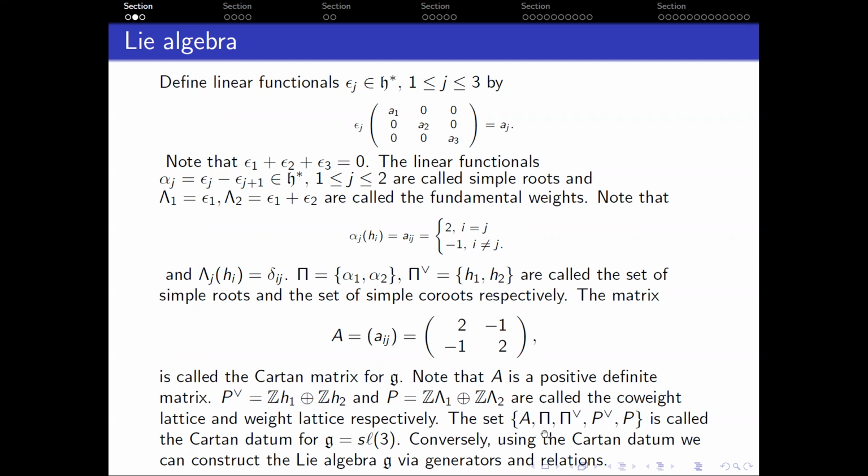And this set, the Cartan matrix, Pi, Pi check, P check, and P, is what is called the Cartan datum. So starting from this Cartan datum, we can construct the entire Lie algebra via generators and relations. That's the whole point.